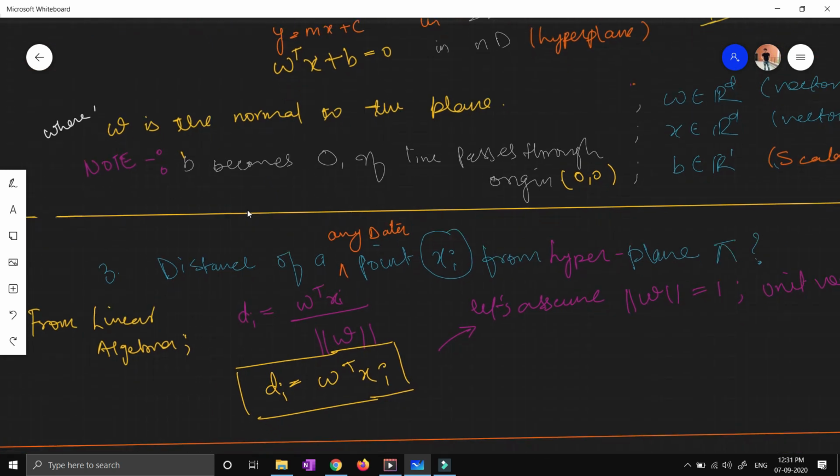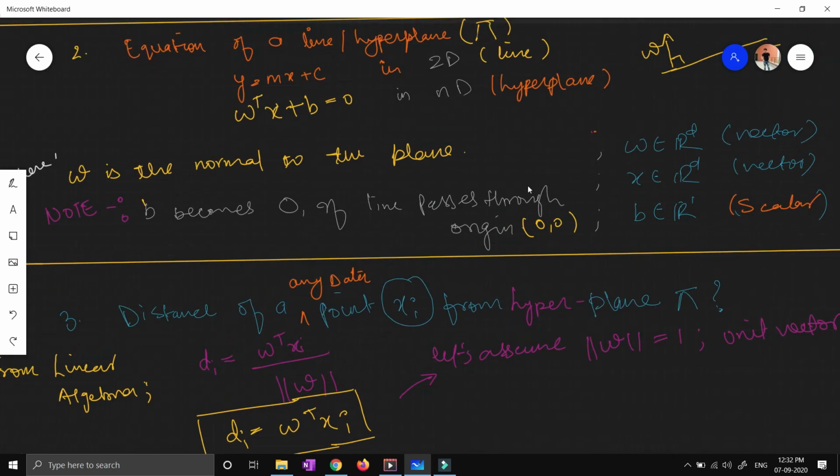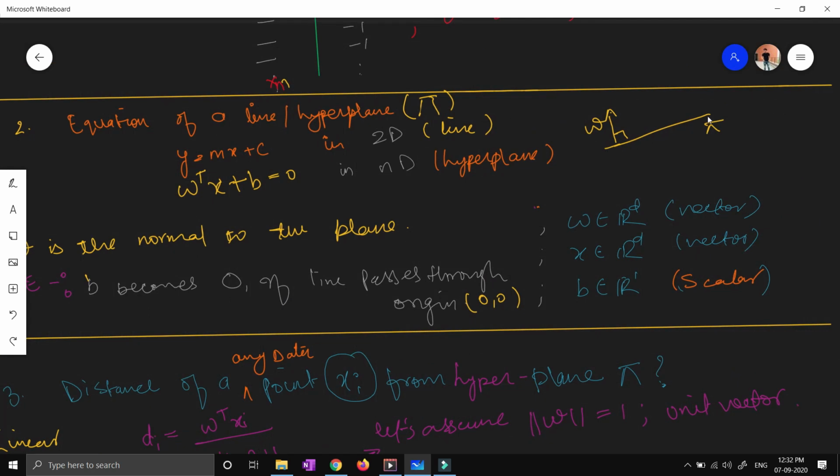Now the third step is distance. Before solving the logistic regression classifier, we should know the distance of any data point xi from the hyperplane. Let's assume I have created a plane pi, and a normal to the plane, w.